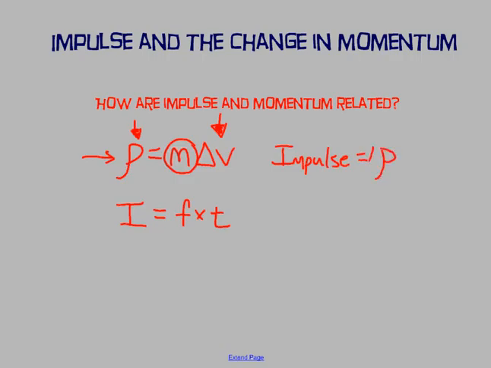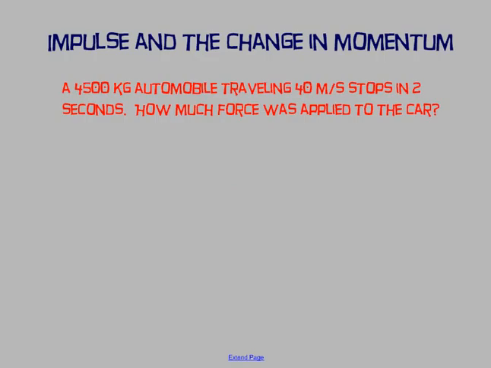We'll put a little triangle here so we know we're talking about delta p, change in momentum. So really what that equation ends up looking like is force times time is equal to the mass of the object, I'm sorry, I wrote that wrong, the mass of the object and the change in its velocity. So impulse equals change in momentum. Let's see how that plays out in a practice problem.